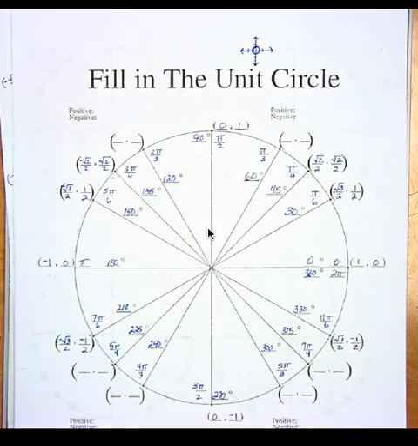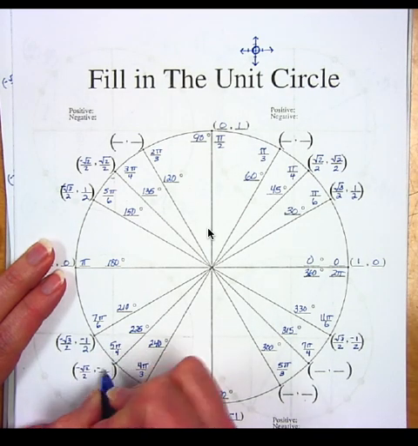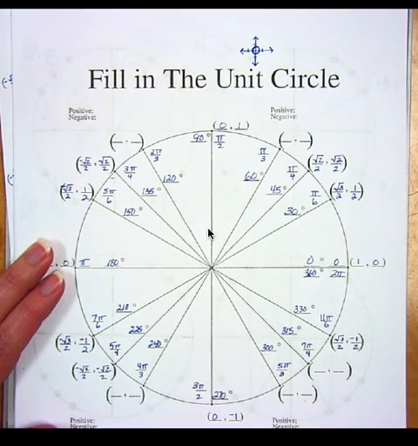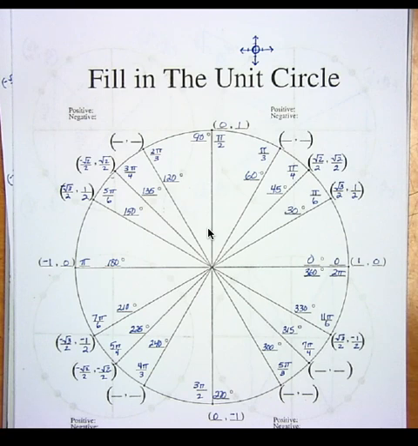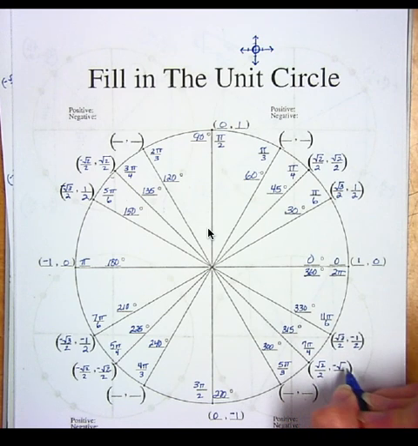All right, we reflect that to what radian measure? 5 pi fourths with 2 negative signs. Negative square root of 2 over 2, negative square root of 2 over 2. And the last one that we're filling in is what? 7 pi fourths. Positive on the x, negative on the y.